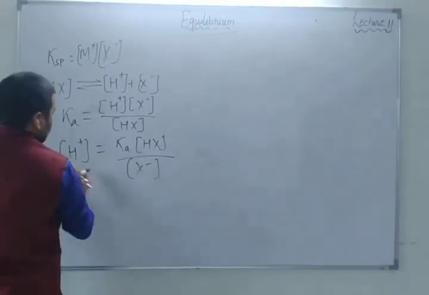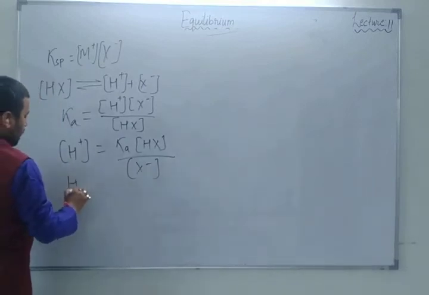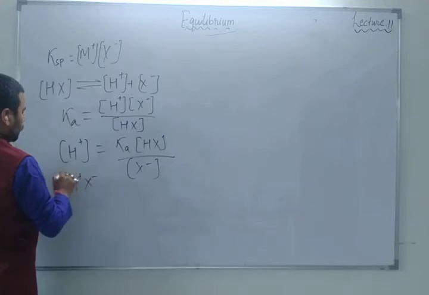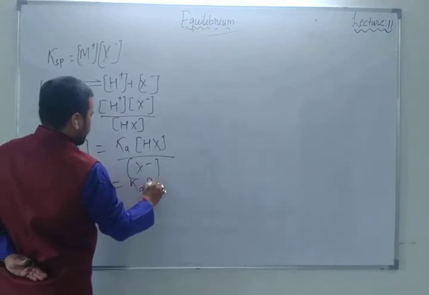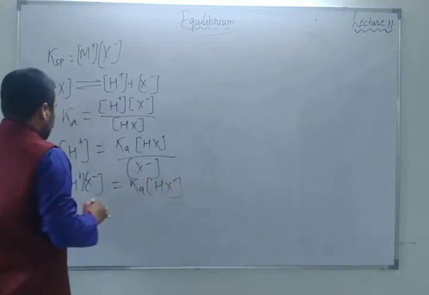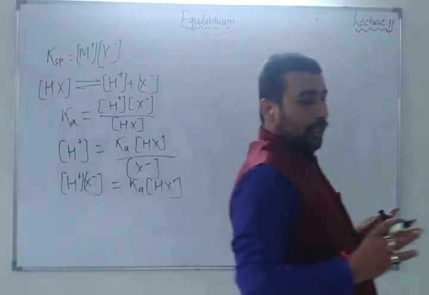And if you want to do cross multiplication, then you can write like this: H plus, X minus is equal to Ka into HX. Can we write this? Yes or no? Cross multiplication.